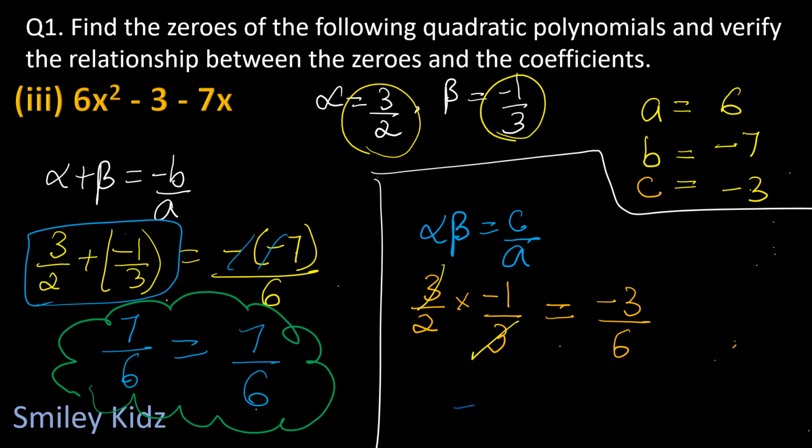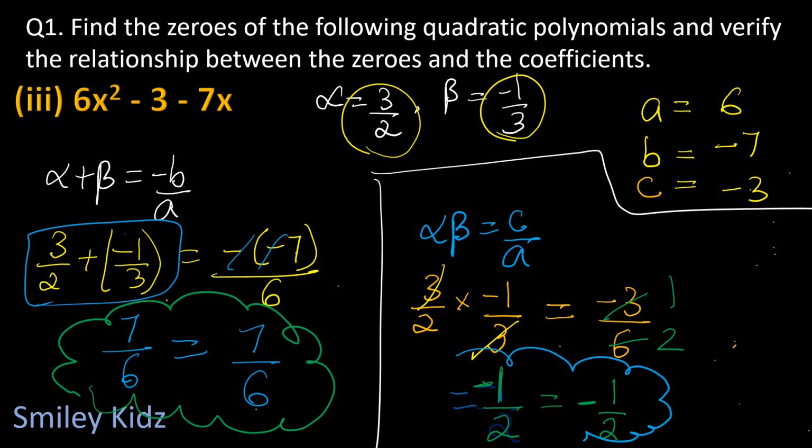We'll be left with minus 1 by 2. And here also we'll be left with minus 1 by 2. So again, we have successfully verified the relationship between the zeros and the coefficients. In this way, we have verified the relationship for the product as well as the sum of the zeros and the coefficients.